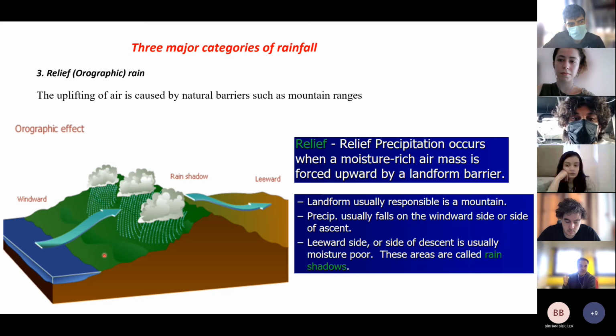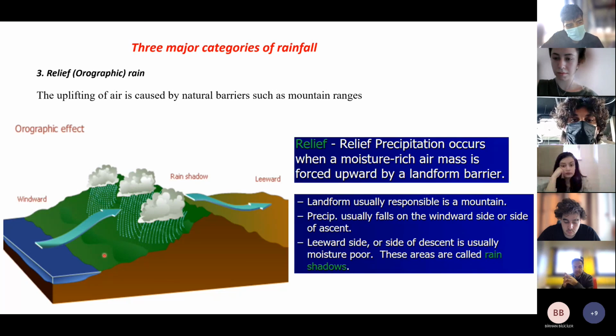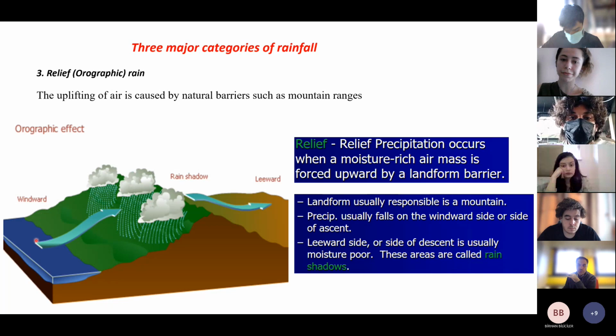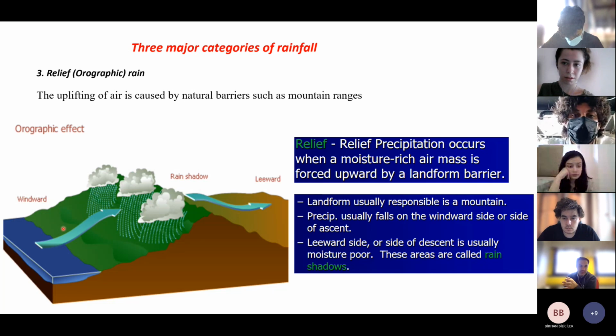Therefore, we will have two separate climates at two different sides of the mountain. One side is called windward. You see windward, the side which is close to the sea or looks to the sea, the side of the mountain that looks to the sea will always be green, because the warm air goes up on that side and we have rainfall.